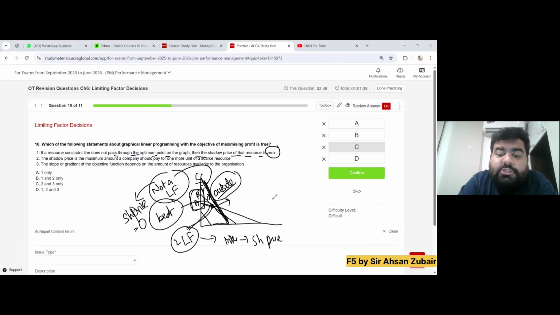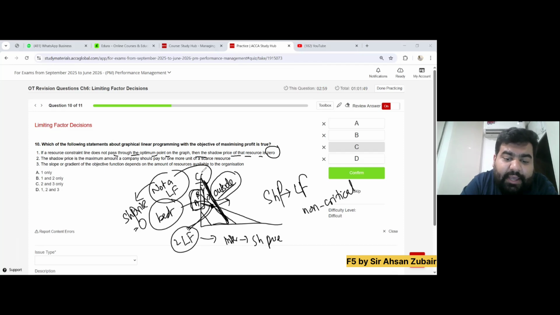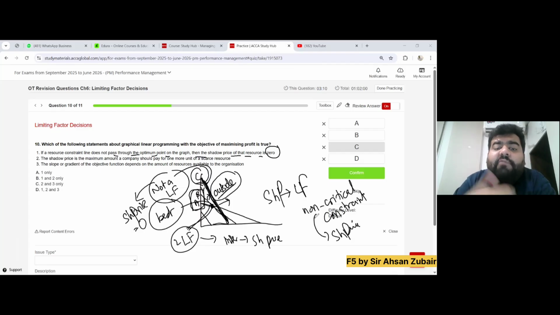Why zero? Because, as we have learned in the chapter, shadow price is always of the limiting factor, the critical constraint. Like C here, C is a non-critical constraint, not a critical constraint. For a non-critical constraint, obviously there will be no shadow price, because it's already available.